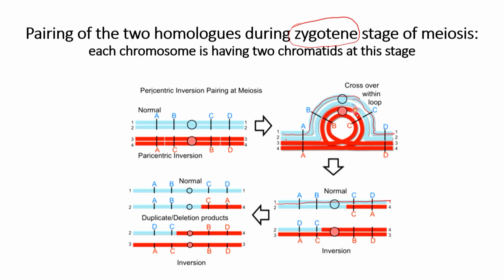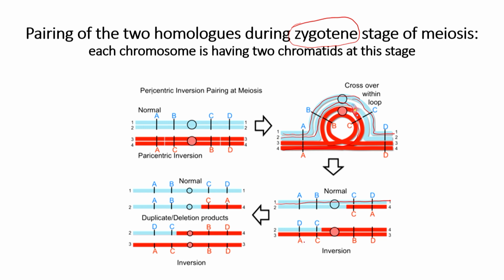The second one goes like this, and there is one crossing over. If this is the crossing over, then this will go and come back like this. So that means it has A, B, then C, then A. What is the other condition?